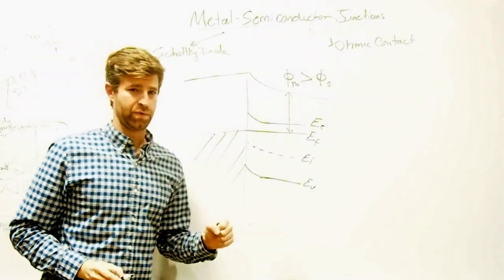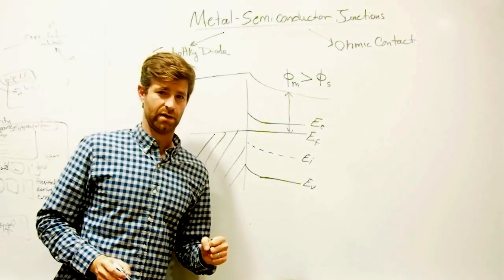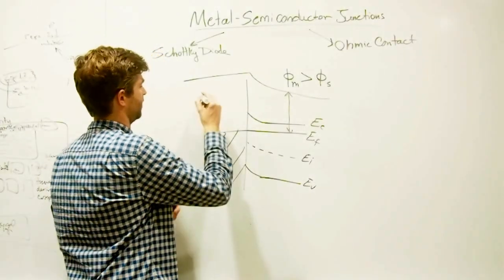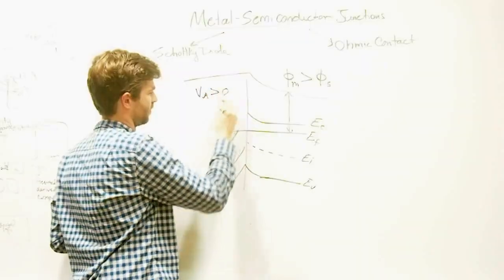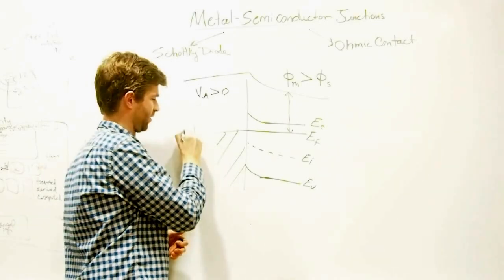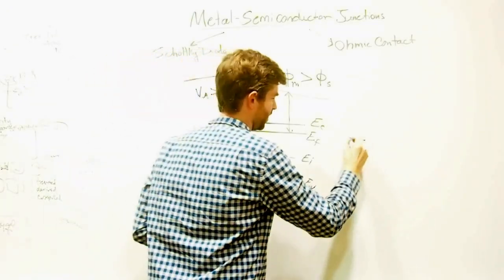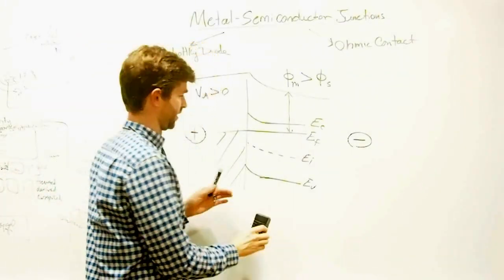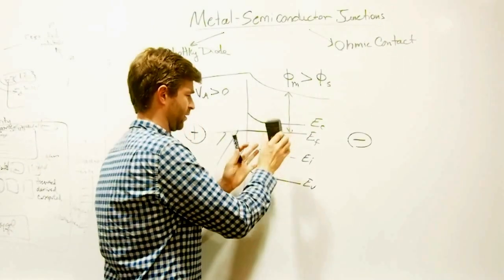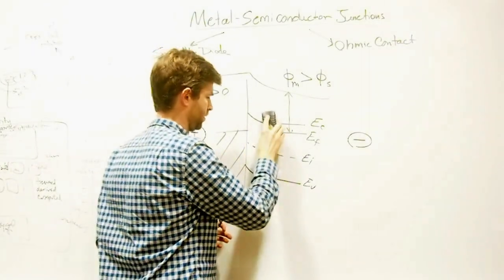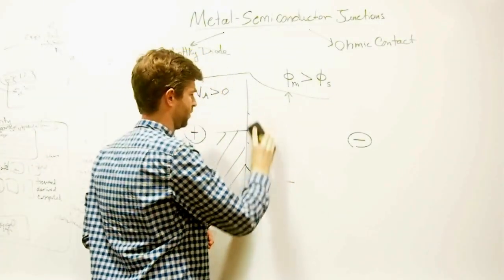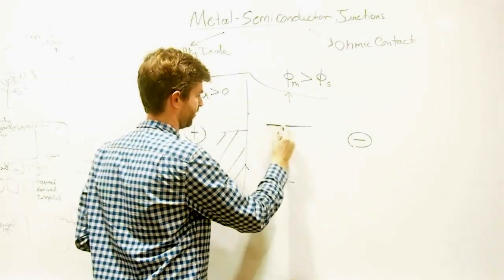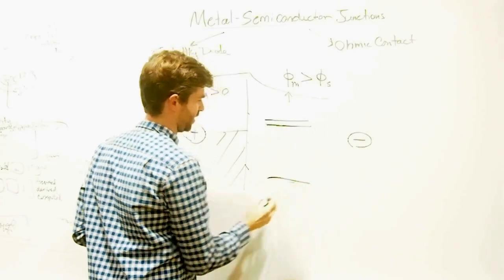So what happens when we apply some voltage to this? Let's say we apply a forward bias, so V_A greater than 0. That would be the positive electrode of the battery here, negative side of the battery here. What's going to happen is the Fermi level in the semiconductor will be pushed up with respect to the Fermi level of the metal.